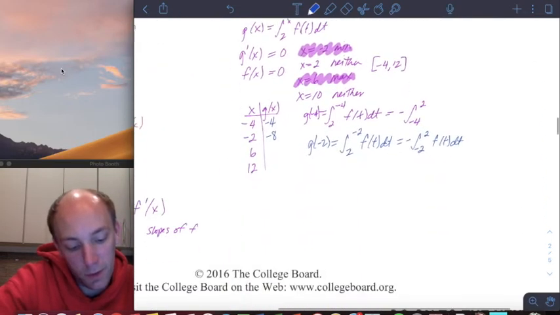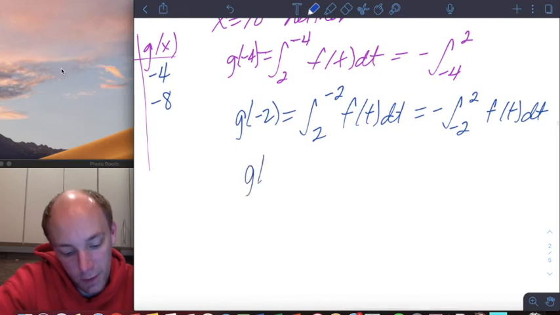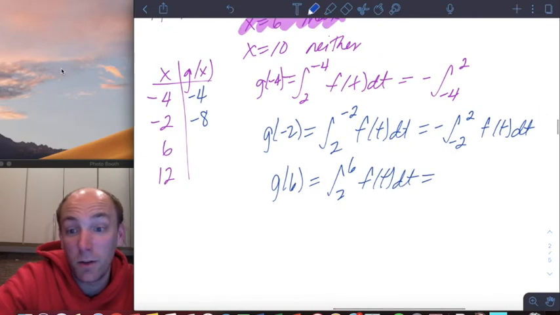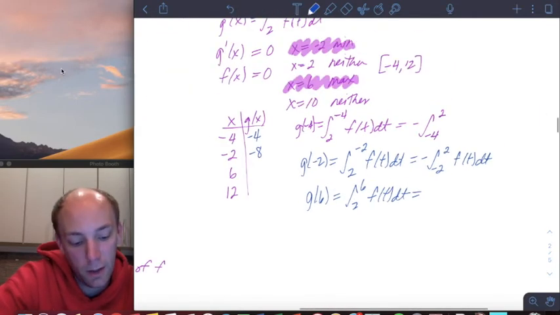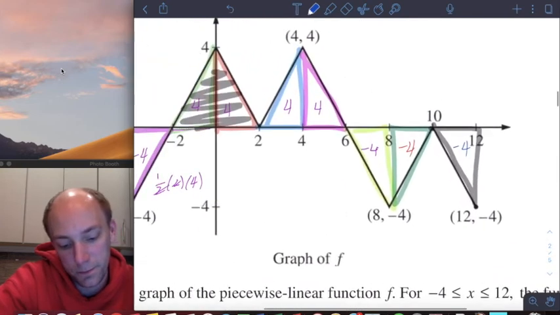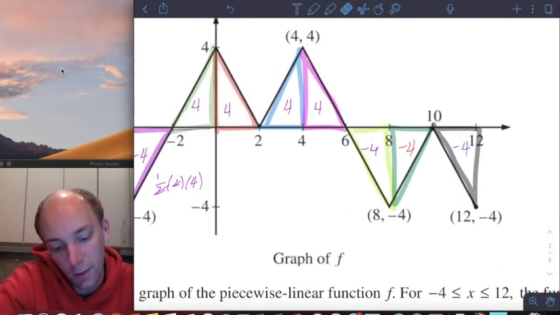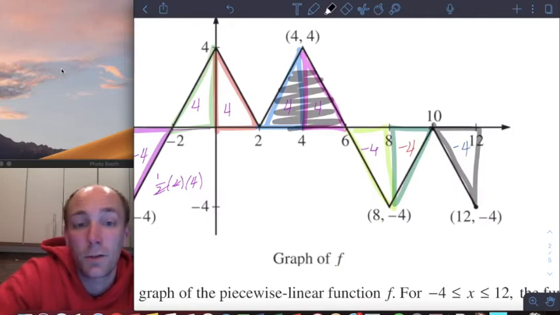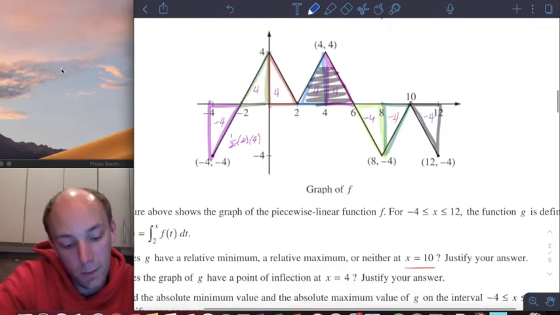Now for 6. So this time we're going for g of 6 is equal to the integral from 2 to 6 of f of t dt. The bounds are already increasing, so I can just look at the area here from 2 to 6. Let's erase that, and we're talking about this area here. So from 2 to 6, that's just adding the two triangles together, and I'm going to get positive 8.